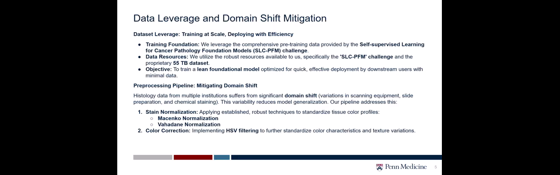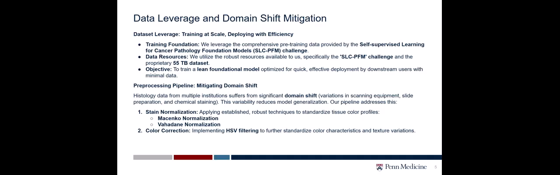We start by leveraging the massive data set from the SLC-PFM challenge, which provides the scale we need during training. Our goal remains very focused: creating a lean model that downstream users can deploy quickly, even with limited data. A key part of making this possible is our pre-processing pipeline, which tackles the severe domain shifts seen across institutions. Differences in scanners, staining protocols, and slide preparation can greatly reduce model generalization.